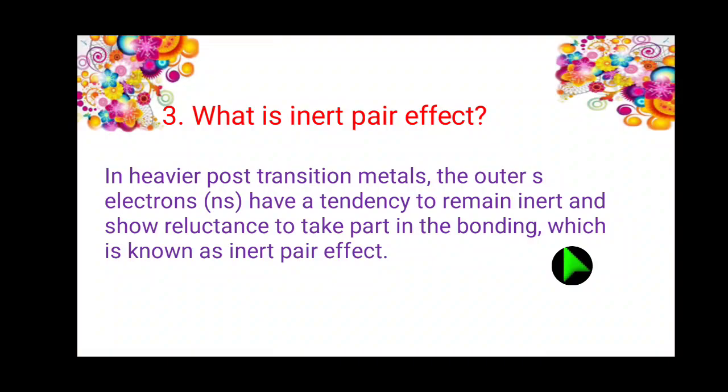The electronic configuration of p block elements is ns2 np1-6, right? In ns2, the last orbit electrons, 2 electrons, do not involve in the bonding, so the remaining p orbital electrons alone are involved in the bonding. That is called inert pair effect. That's why they have a tendency to remain inert and do not take part in the bonding. The ns2 electrons do not take part in the bonding. That is called inert pair effect.